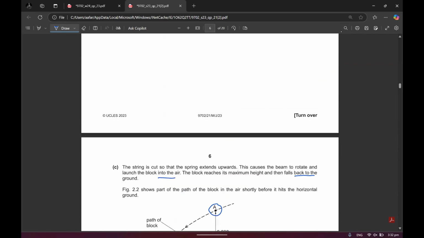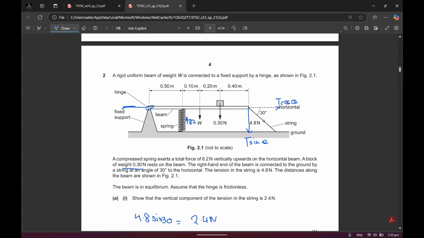Initially the block has a weight of 0.3 Newton.